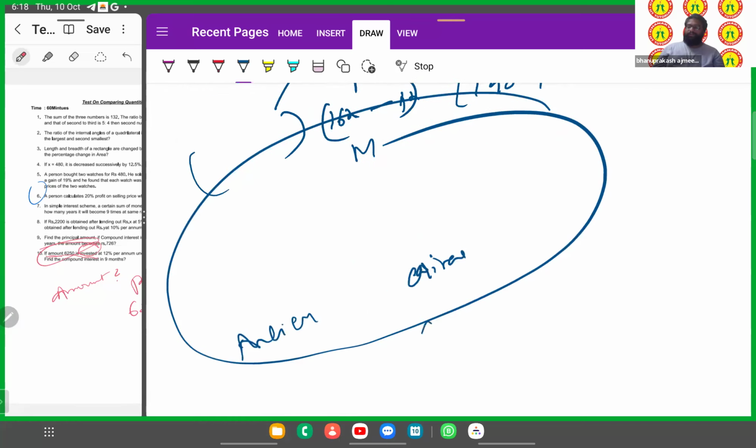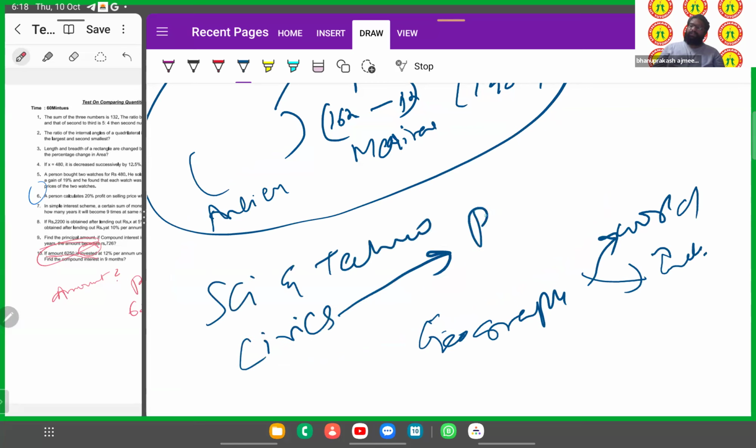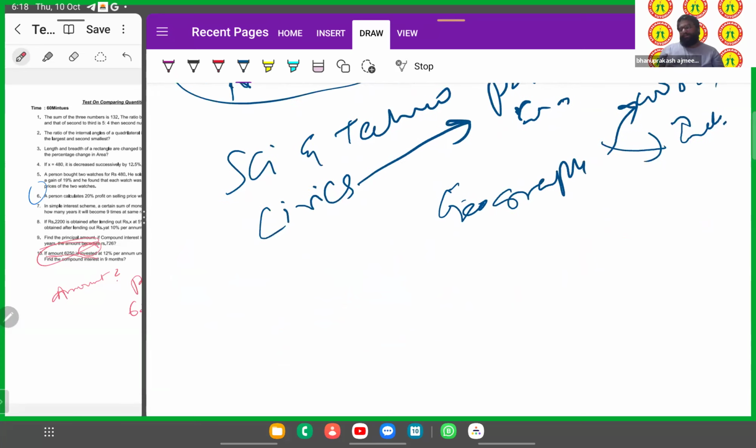Then geography, which covers international, that is world geography, and Indian geography. Then science and technology. Then civics. You know about civics, right? That is Indian polity and Indian economy. You need to read a lot about this. Then the Constitution of India.